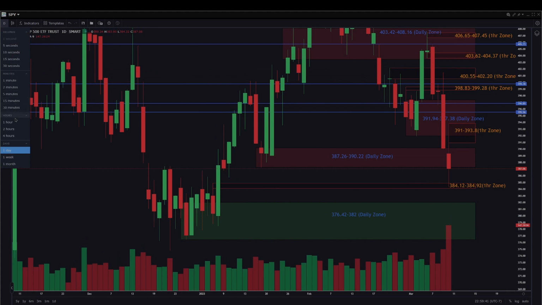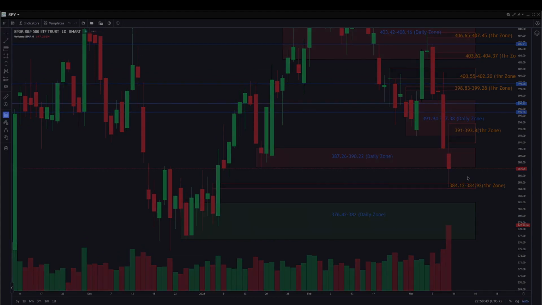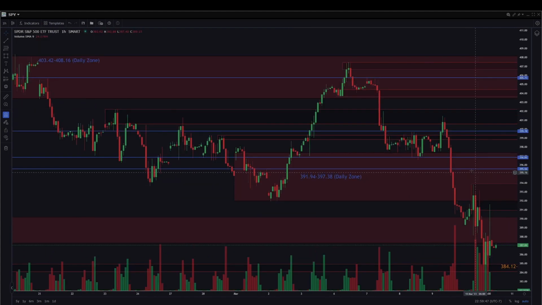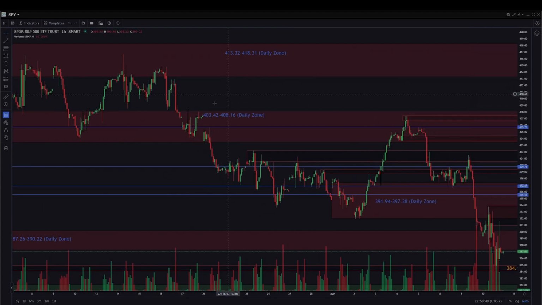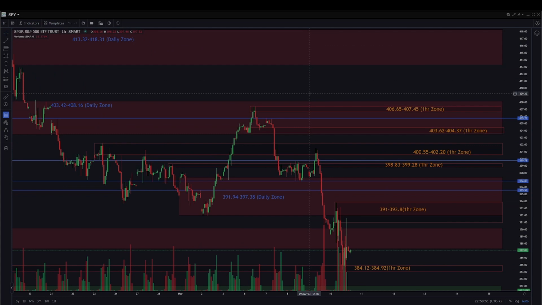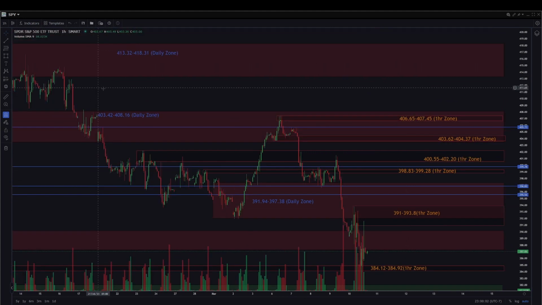Let's get into the hourly. So I don't have any zones up here yet. I'll be pretty shocked if we can get from 387 to 407 without me having a chance to draw these zones out, but just looking at it, there is a few zones.